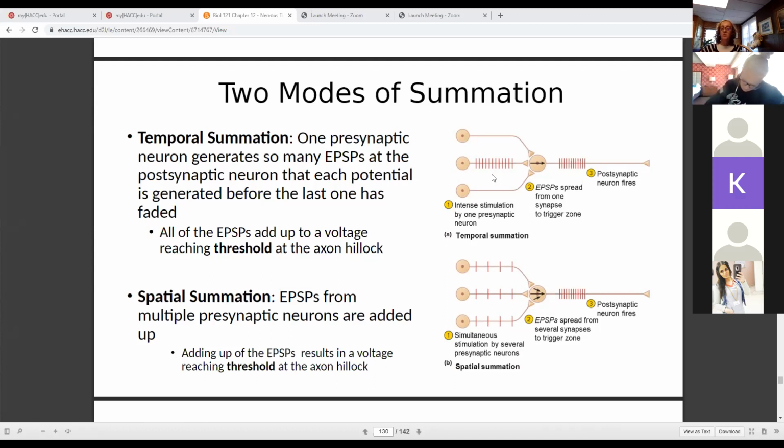So when all of the postsynaptic potentials from one presynaptic neuron are adding up to a voltage that reaches threshold and stimulates an action potential, that's temporal summation.